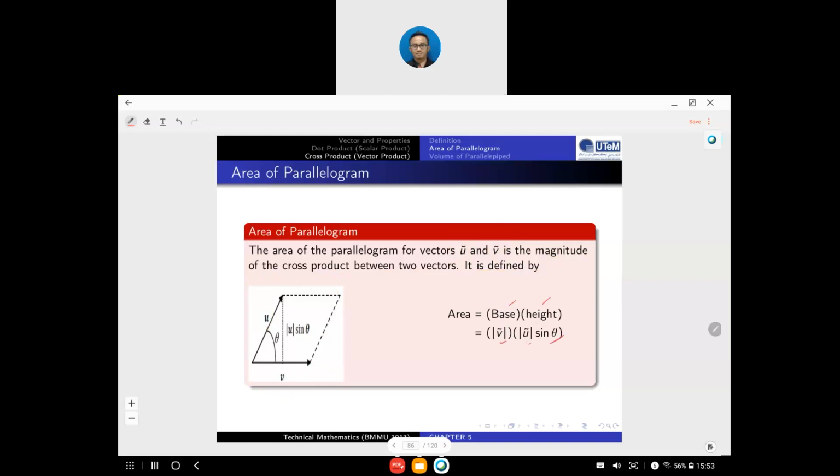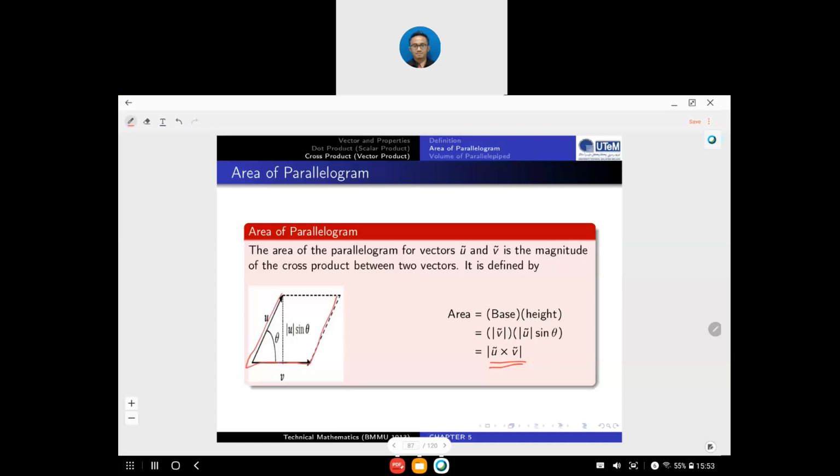When you solve this, you get the magnitude of U cross V. So when you want to find the area of a parallelogram, it is equal to the magnitude of vector U cross V. So you find first what is vector U cross V, and then you can get the area of the parallelogram. Make sure you remember the area of a parallelogram must look like this.